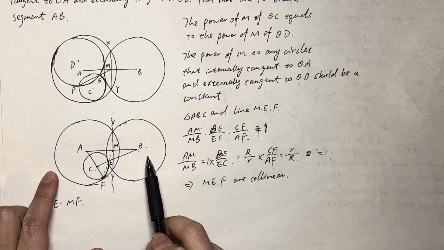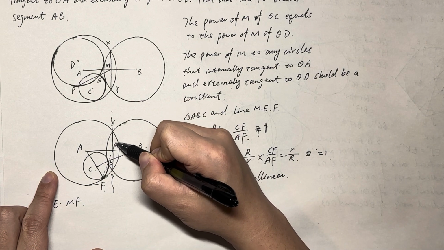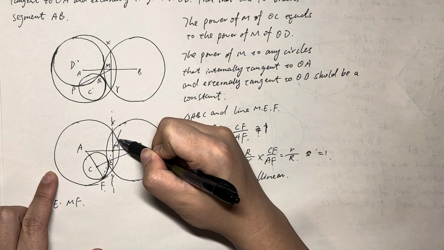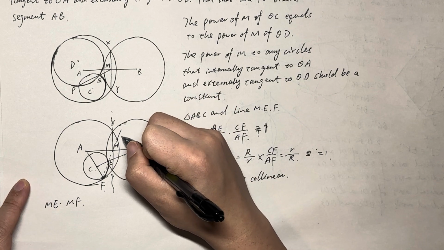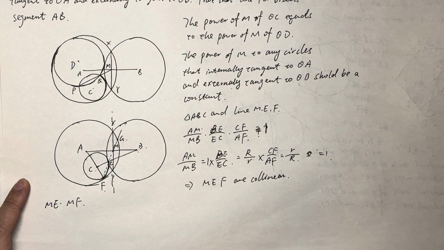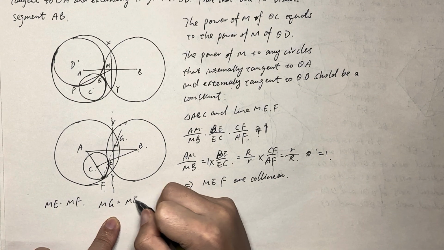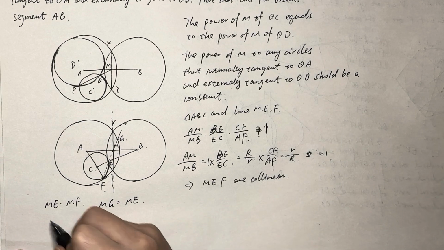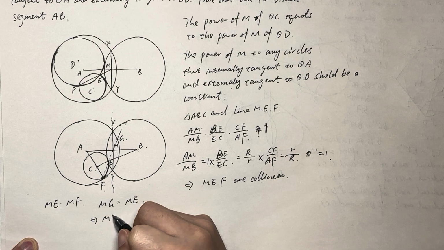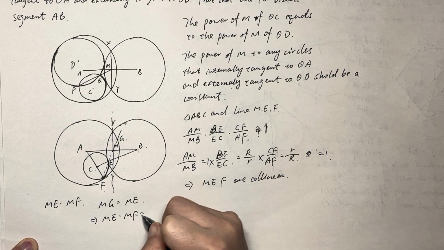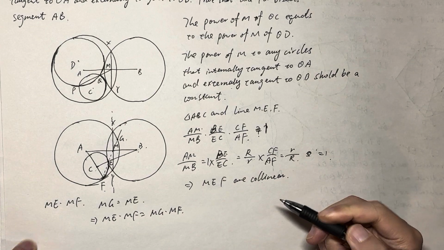They're symmetrical, which means if we extend ME, it intersects circle A at a point, let's call it G, right? Then MG equals ME. So ME times MF turns out to equal MG times MF, right?